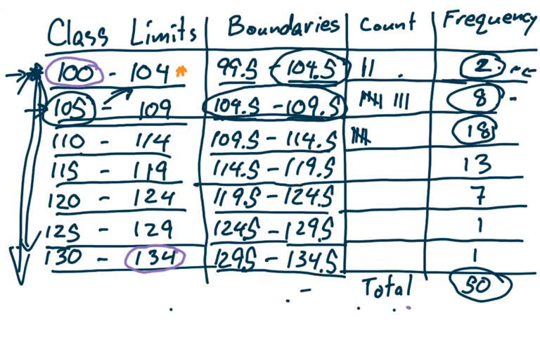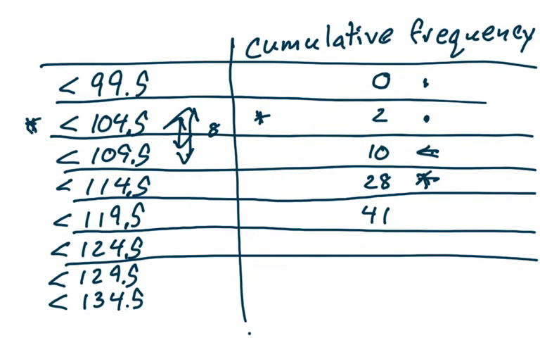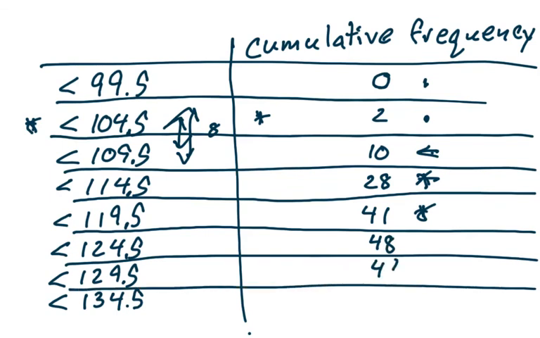So 28 plus another 13 gave us 41, plus 7 gives us 48, plus another 1 gives us 49, and plus 1 more gives us 50. For the cumulative frequency, we don't have to total it up because it already is a total.